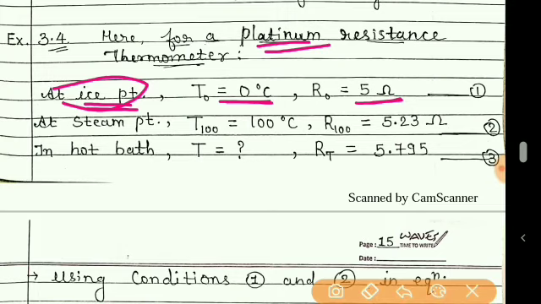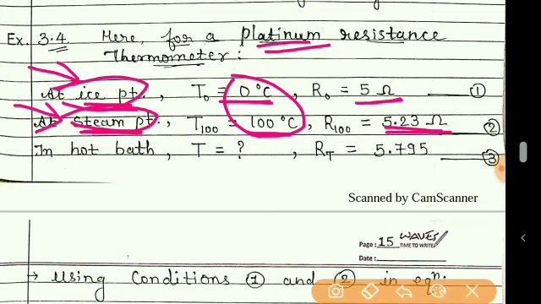Then at steam point the resistance of this platinum resistance thermometer is 5.23 ohm, and steam point means it is 100 degrees Celsius. So students, these two temperatures are not given, but this statement is given, ice point and steam point. So we can write these temperatures.